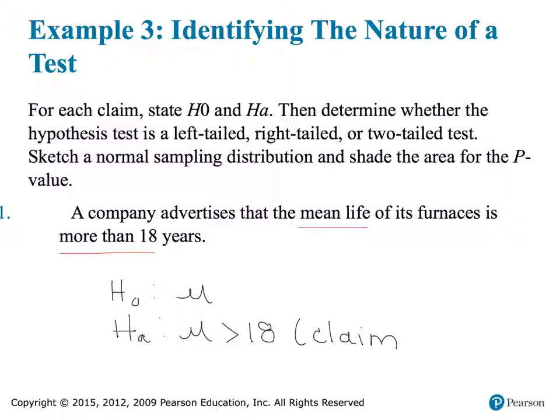The complement of more than 18 is less than or equal to 18. So that's what would belong in the null hypothesis. To determine whether this is a left-tailed, right-tailed, or two-tailed test, we look at the inequality used in the alternative. It's pointing to the right, and therefore it is a right-tailed test.